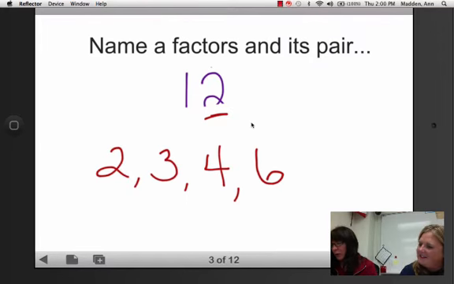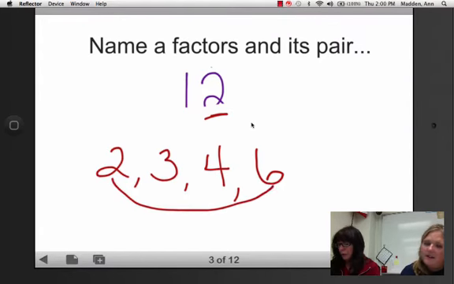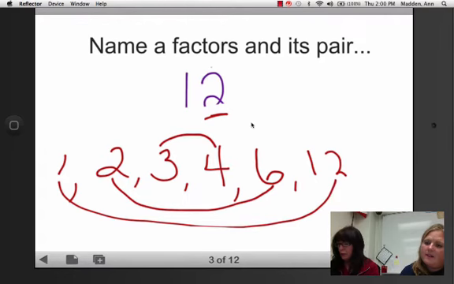But looking at the list now, you need to go back, and each number has to have its own pair or mate, so to say. So 2 multiplied by 6 would give me 12, and 3 multiplied by 4 would give me 12. The other 2 that you can add in also: 1 is always going to be a factor, and the number itself. And when multiplied together, they equal 12.